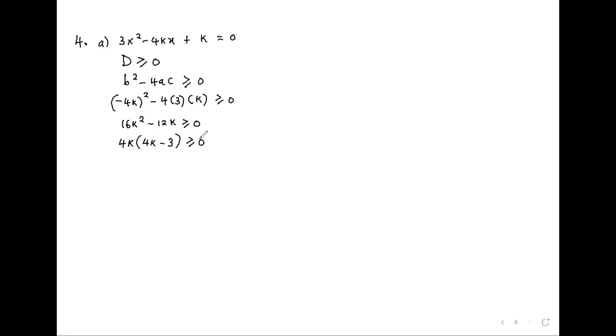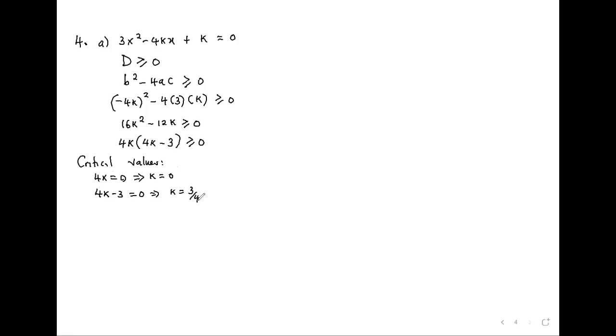This is a product. So for a product, you get the critical values. This has become a pure inequality question now. So you get 4k is equal to 0, so that k is equal to 0. You also get 4k minus 3 is equal to 0, so that k is 3 over 4.